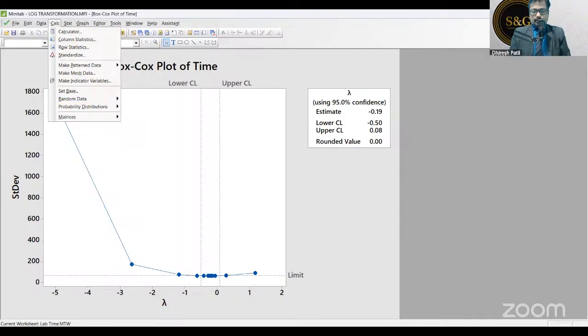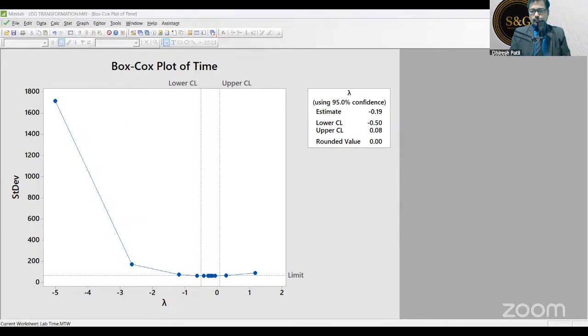If possible, let me check if I can take a quick screenshot of it. Just give me a second. Let me try once again.